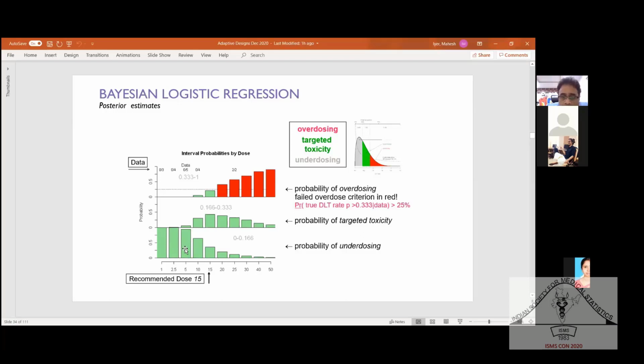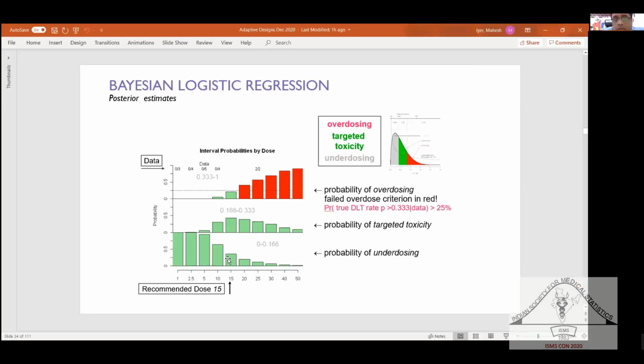If you look at the probability of underdosing, 15 is higher than 20, so the chance of underdosing with 15 is higher. The chance of overdosing with 20 is higher than 25%. So based on this information, what would your recommended dose be?